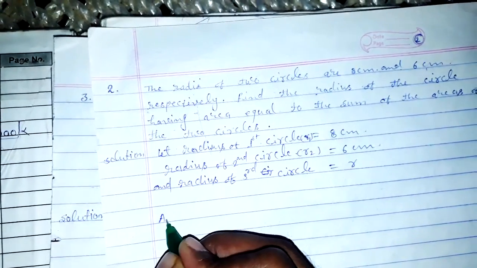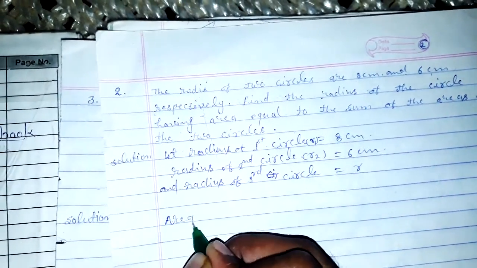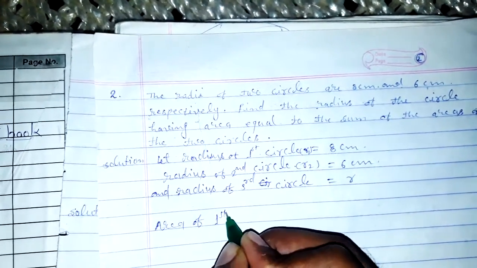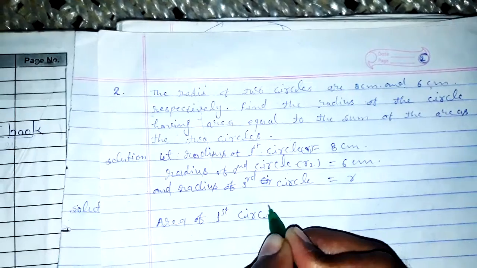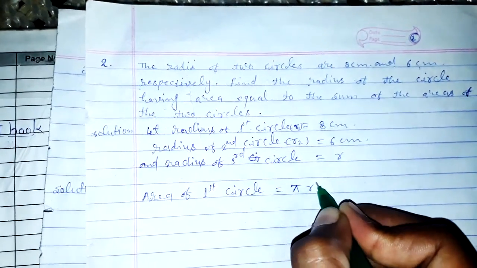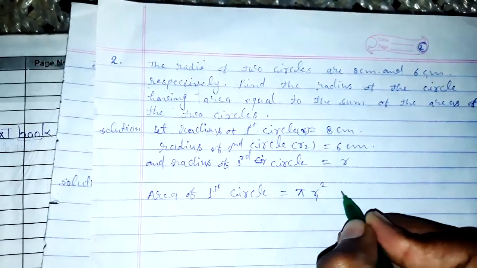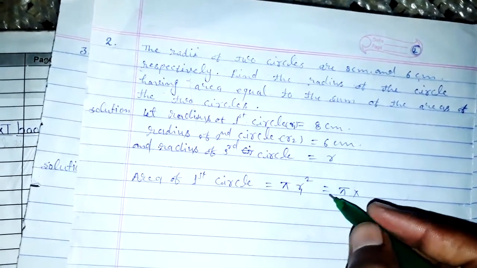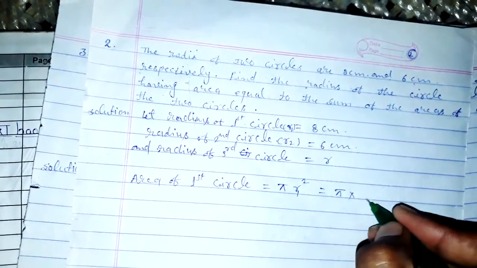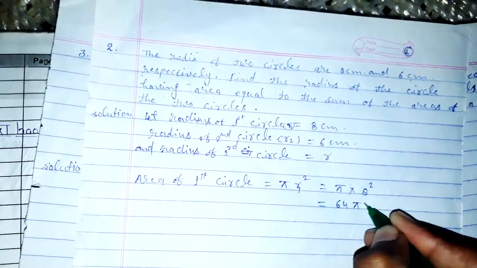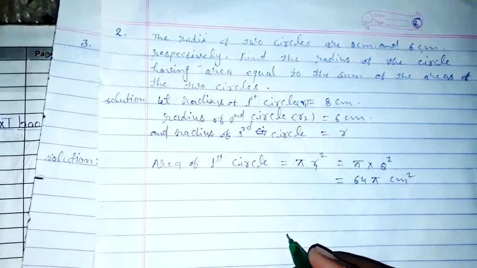So the area of the first circle is pi r1 square. What is r1? r1 is 8, 8 square is 64, so this is 64 pi centimeter square.